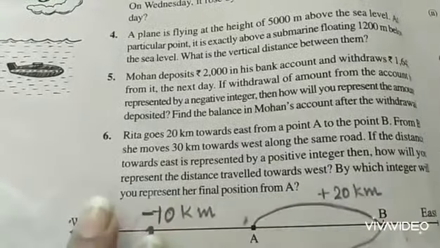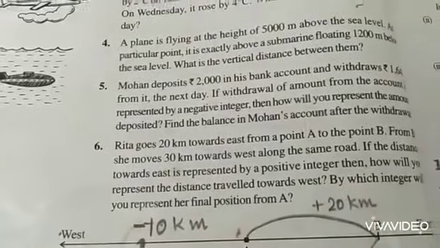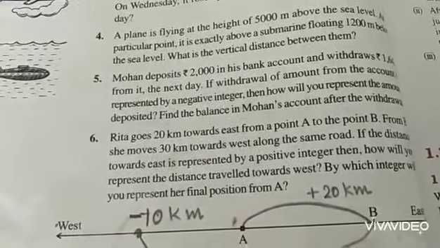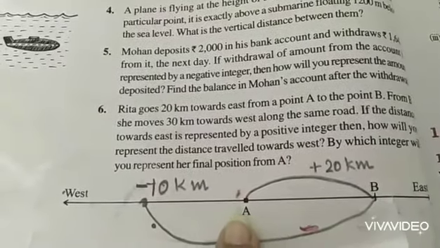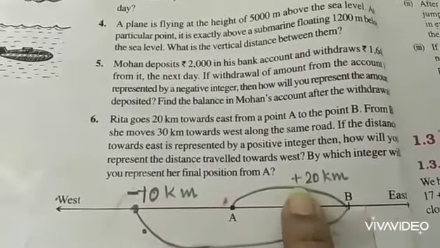If the distance towards east is represented by a positive integer, that means if we are taking east, we have to put a positive integer for that. So from point A to point B, it will be plus 20 kilometers.